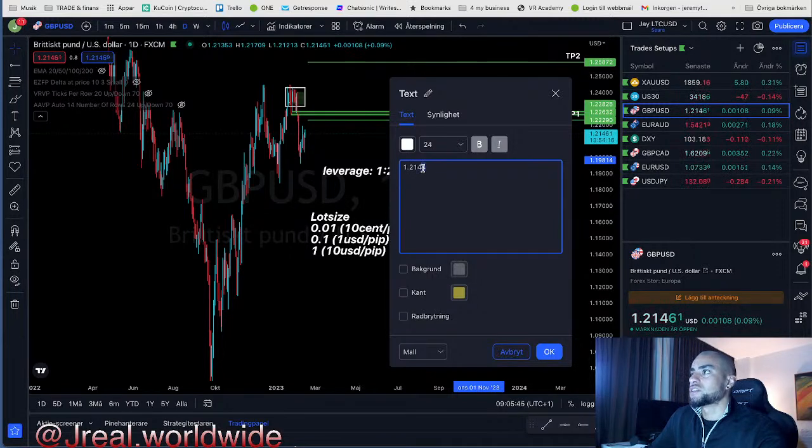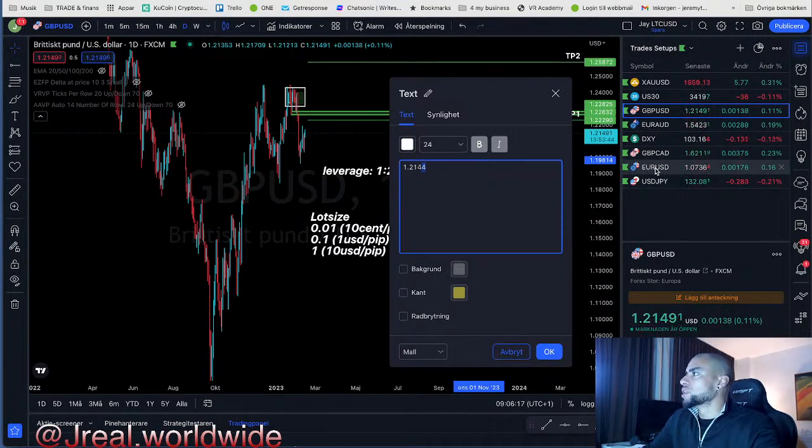This one would be one pip in this case. So if the market moves from 1.2144 to 1.2145, it has moved up one pip. If it moves down to 43, sorry, it has moved down one pip. All right. So this will represent one pip in this case.